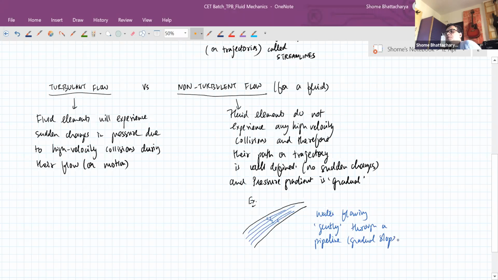So the slope of the pipeline is gradual, whereas an example of corresponding turbulent motion is, let us say, the motion of an extreme kind of waterfall.